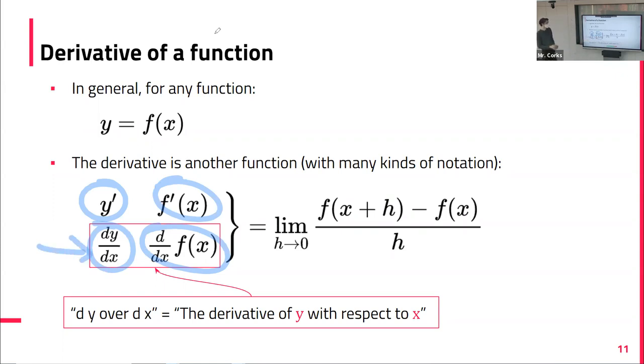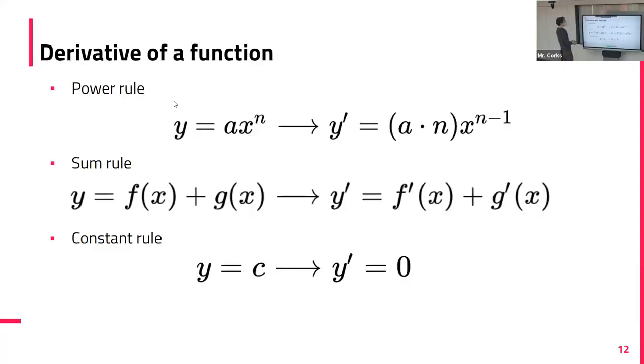D is not a variable there. That whole thing together just means find the derivative. Then there are the derivative rules. We reviewed this already in the example. As I said before, there are lots more of these rules. These are just the early ones, but we can still accomplish a lot with these rules.